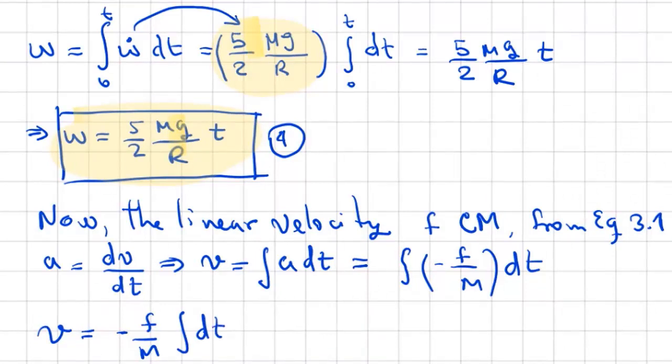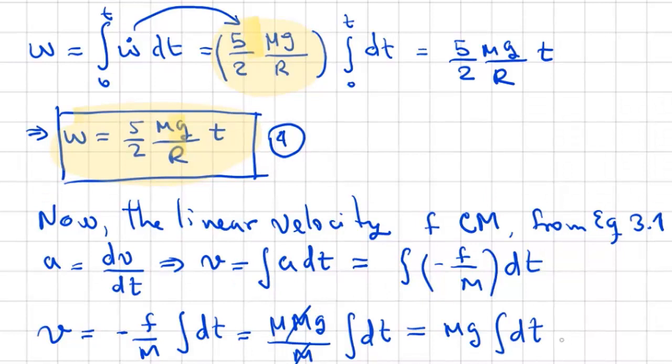But we know that the friction force is defined by the friction coefficient multiplying the weight of the ball, in this case mass multiplying gravity, dividing the mass, integral of dt. We simplify the similar terms, and we get mu g integral dt.